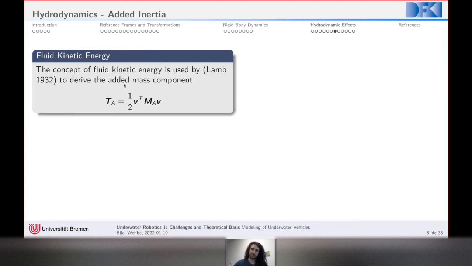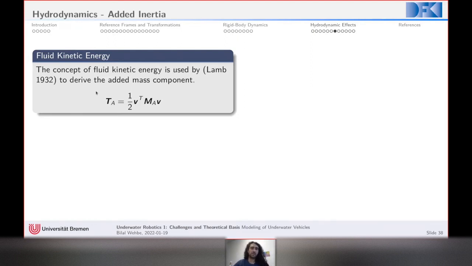Just one note, with the so-called Lagrangian formulation that we're going to talk about now, you can also derive the rigid body equations of motion, not just the Newton-Euler formulation. Just a note on the side.